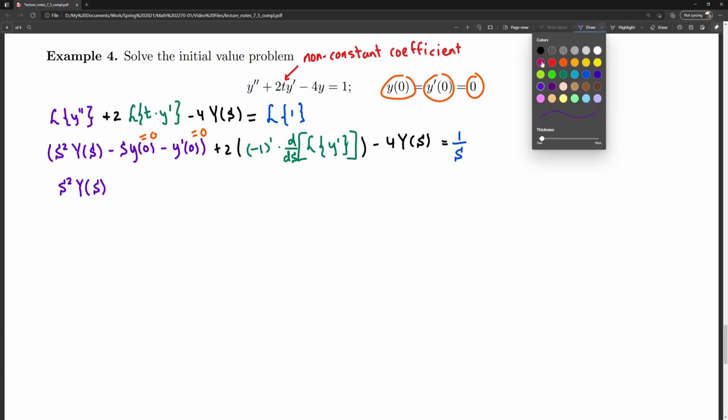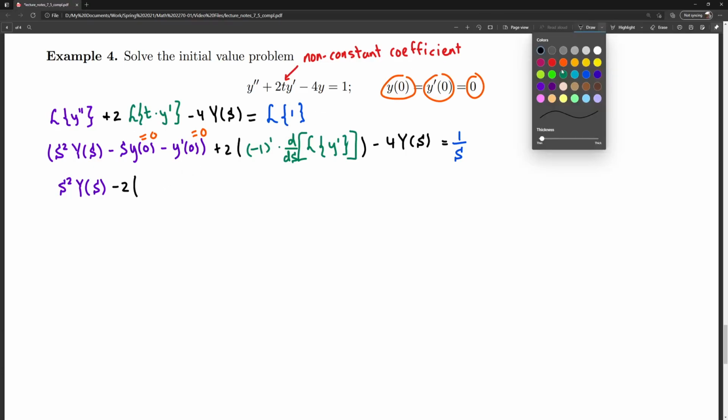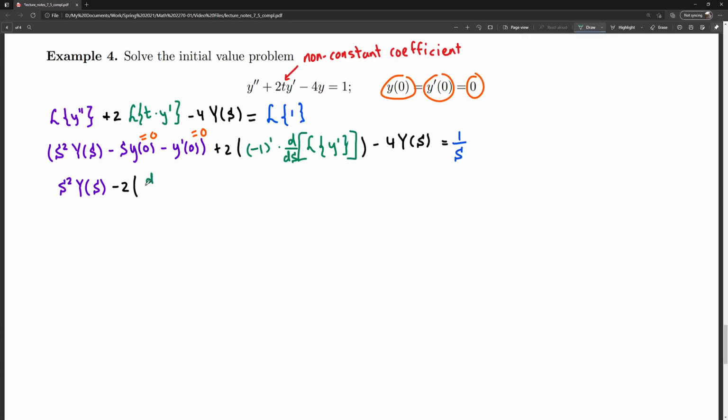And then for the second part, the minus 1 to the power 1 times the positive 2 will actually become negative 2. So I'm going to put in -2 here, and that is multiplied by the derivative of the Laplace transform of y prime.